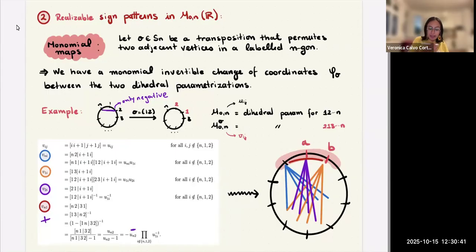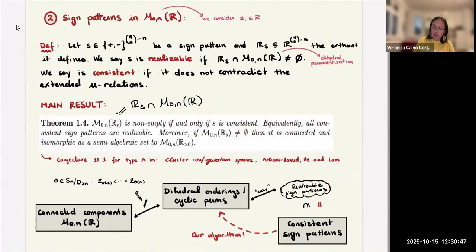Okay, and now I claim that only because we have these monomial maps, this is enough to actually show this bijection here. And so what is the idea? So the idea is that if I have any cyclic permutation, I can write it as a product of adjacent transpositions.